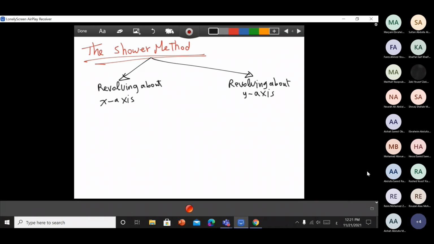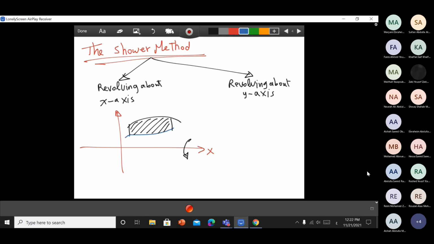In this case, for the washer method, you have two curves. No need to intersect, right? Say you have one curve like that one, and we have another curve like this one. Okay, make it different. And we would like to have the area between these two, this shaded area, rotated about the x-axis.